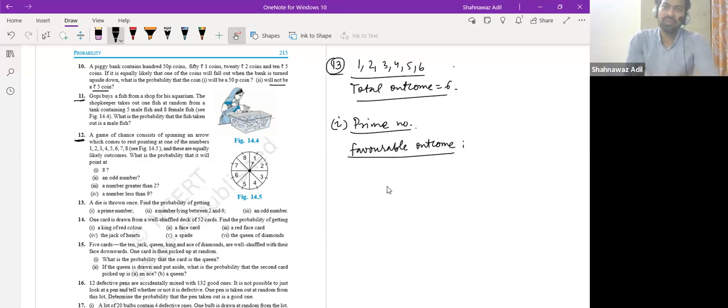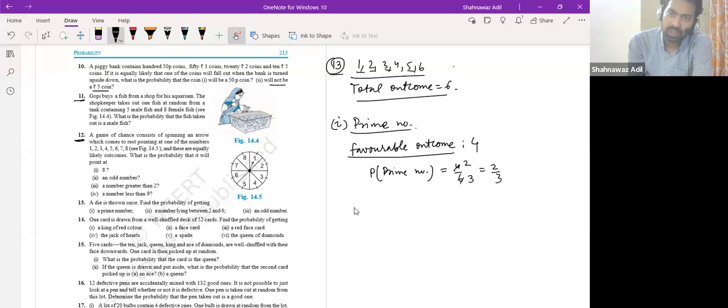Okay. So how many prime numbers do we have? 1, 2, 3, and 4. So 4. So the probability of a prime number is 4 by 6, which is 2 by 3. Right. So this is the first one.